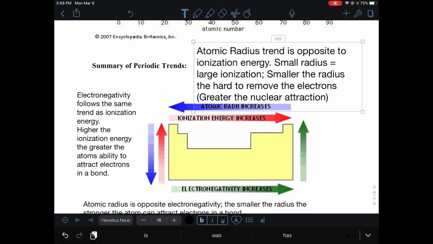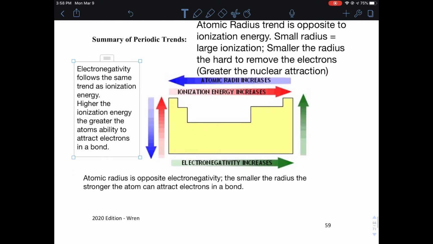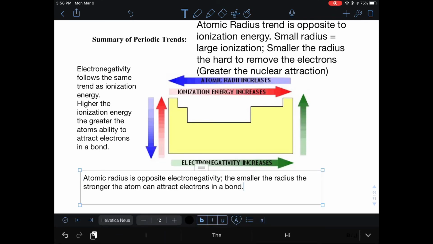The higher the ionization energy, the greater the atom's ability to attract electrons in a bond. Also, the smaller the radius, the stronger the atom can attract electrons to the bond.